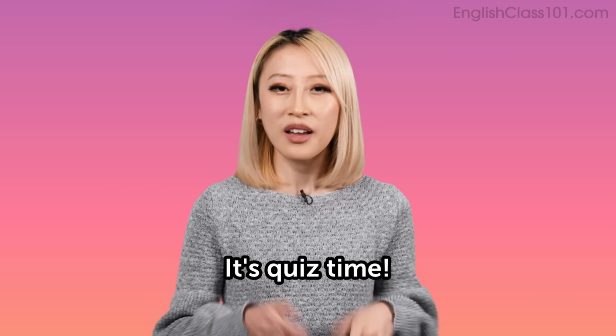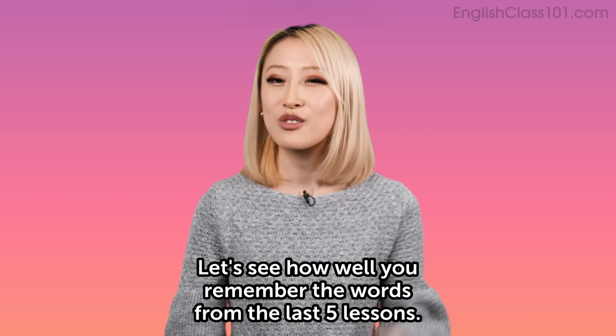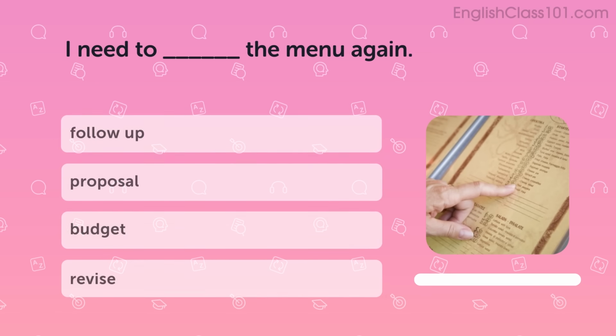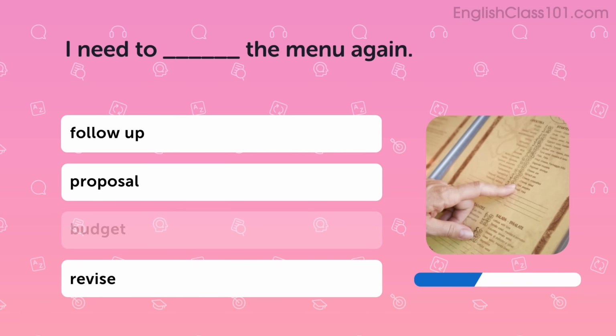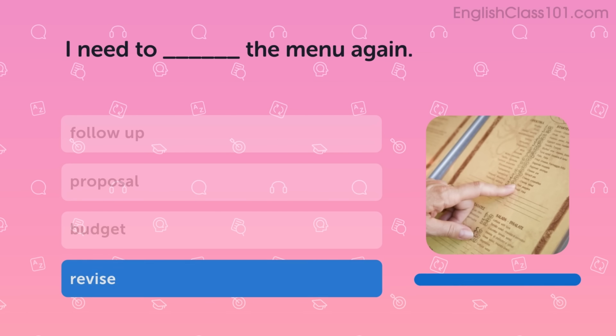It's quiz time. Let's see how well you remember the words from the last 5 lessons. Ready? Revise.